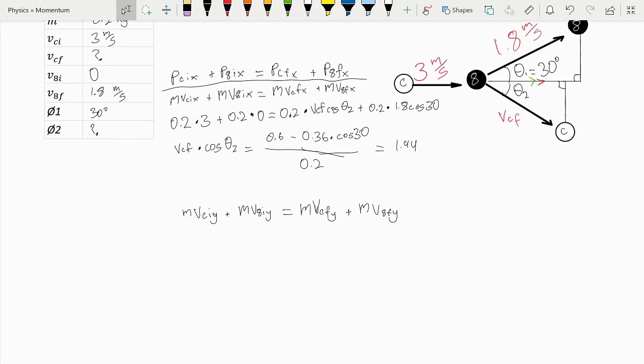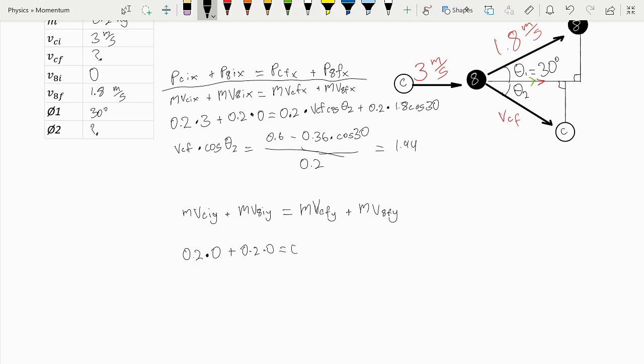So this is equal to 0.2 multiplied by the velocity of the cue ball initially in the y direction, which is just 0. The cue ball only moved in the x direction initially. And the 8 ball was at rest the whole time, so this is just 0.2 times 0 as well.